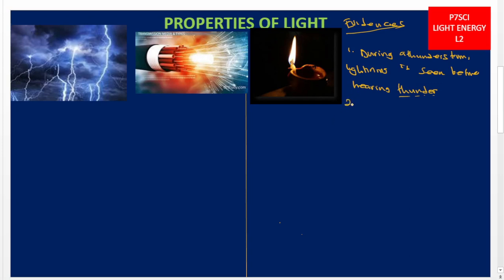Also, another evidence here. When you look at an aeroplane, we see it because of light, and it also produces sound. Is an aeroplane light? No, an aeroplane is not light, but as it is traveling, we see it with the help of light.